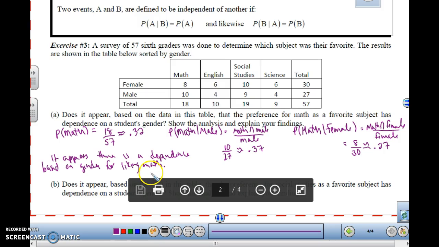You can see that the probabilities are not equal to the overall probability of liking math.